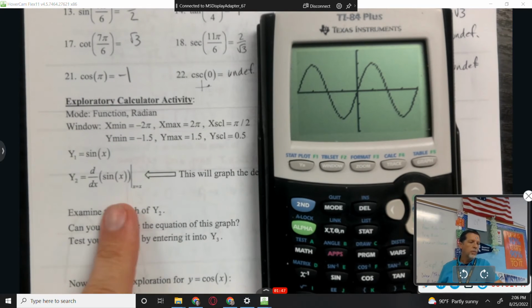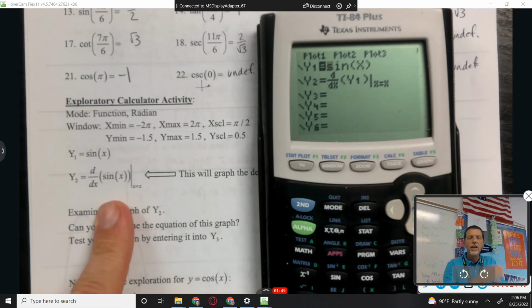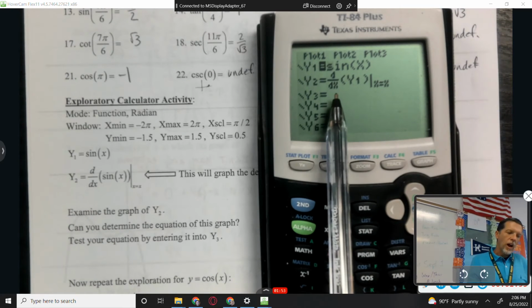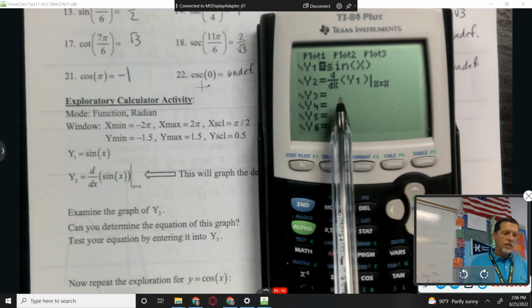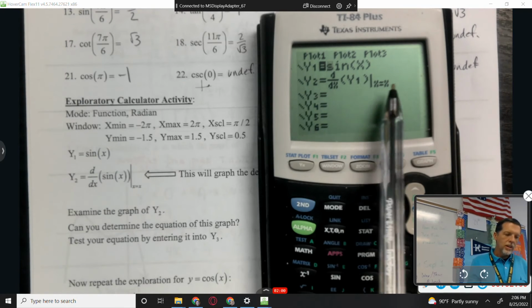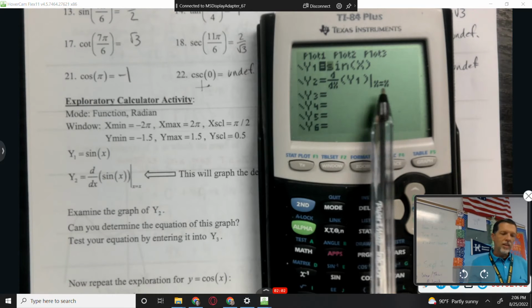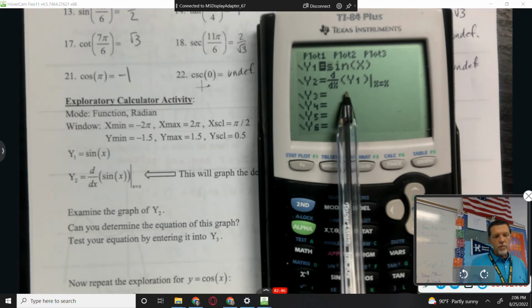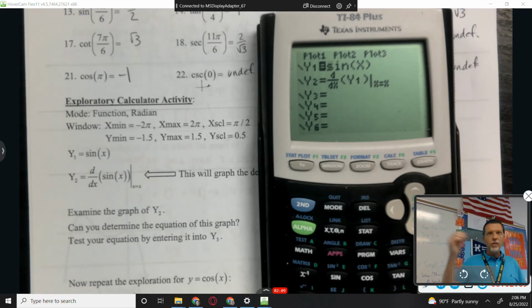All right, what we're going to put in next is, this is kind of crazy, you can get your calculator to graph a derivative. So this just says take the derivative of y1 when x is x. This is going to take a little bit longer to graph because it has to go through each point and calculate the derivative.